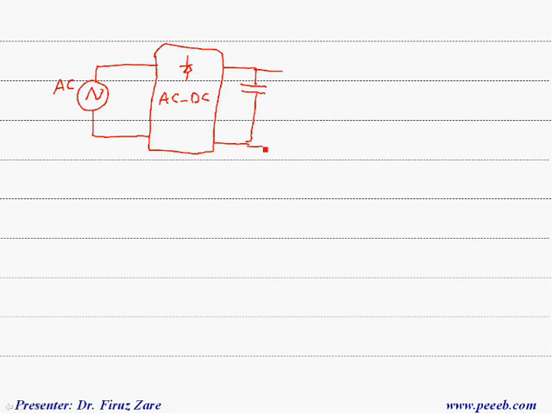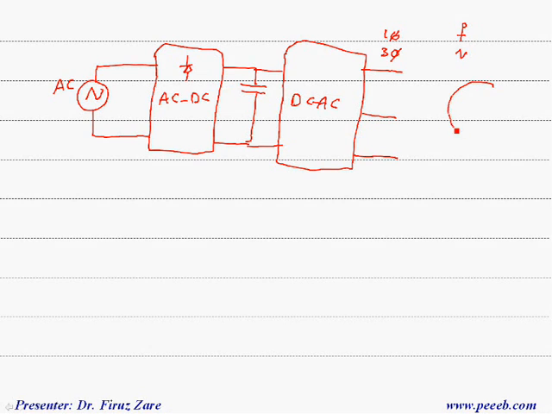Then we can connect it to another power converter, which is basically DC to AC. So here, by controlling the converter, we can generate single phase or three phase, controlling the frequency and magnitude. Then we can connect it to different types of AC machine to control the frequency, to control the speed.